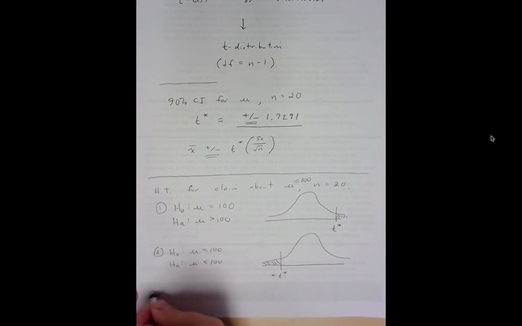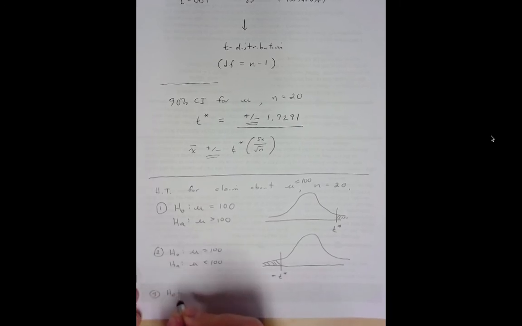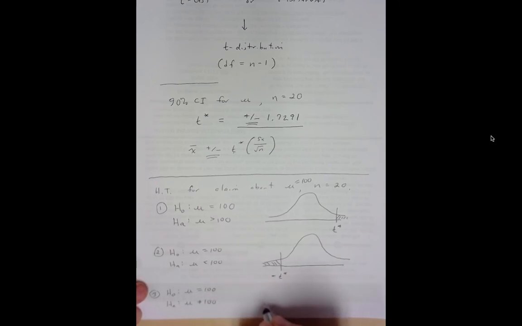The other option we have is we conduct a two-tailed test. And in that situation, we have a negative t critical and a positive t critical, and we have our alpha value over 2 in each.